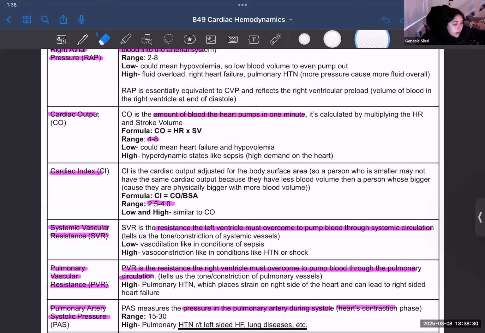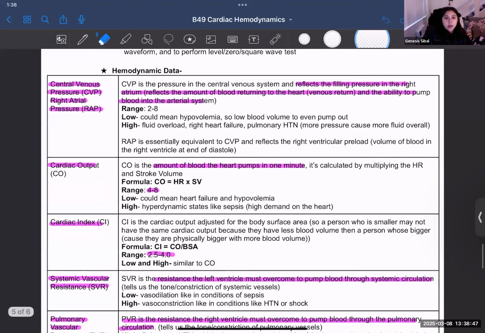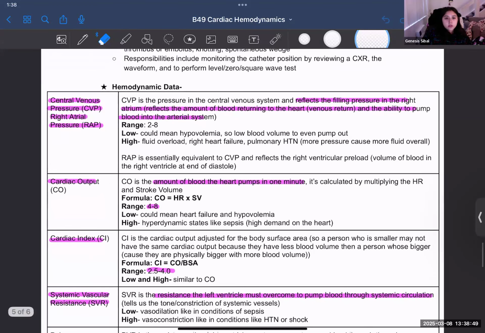Now talking about systemic vascular resistance. SVR is the resistance the left ventricle has to overcome to pump blood through the systemic circulation. I understand why it gets a little confusing, because they're similar terms, right? Earlier we were talking about right atrial pressure, CVP, on the right side. When we're talking about this stuff, we're talking about specific places.